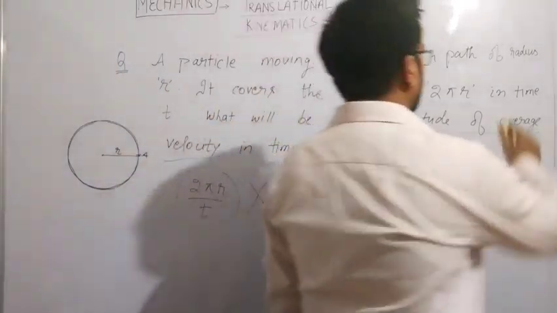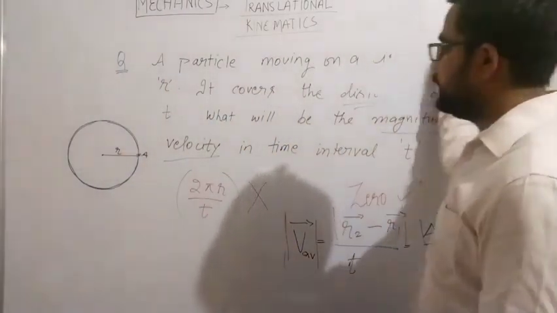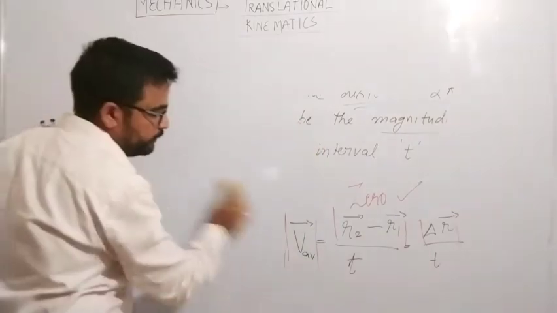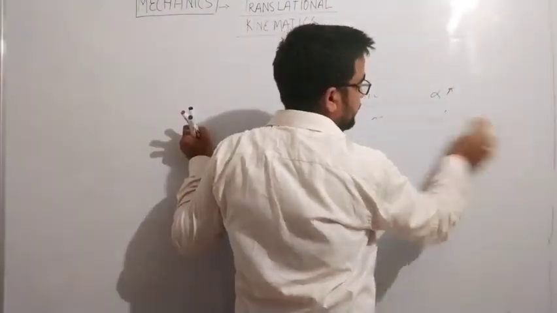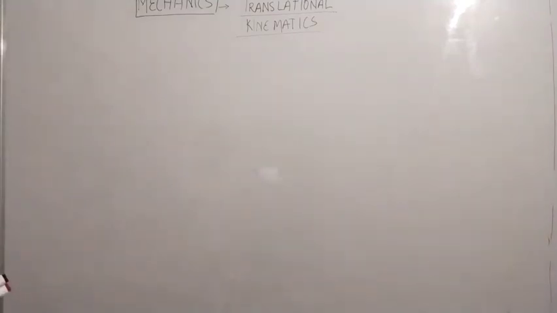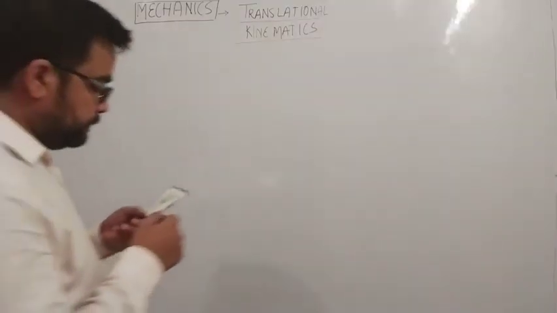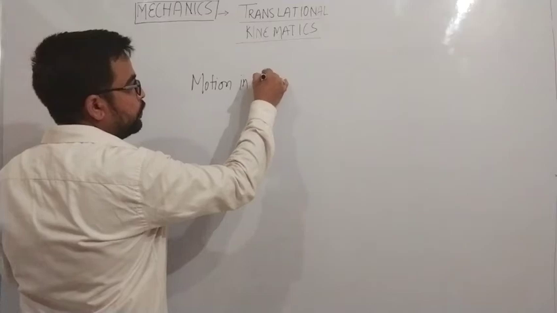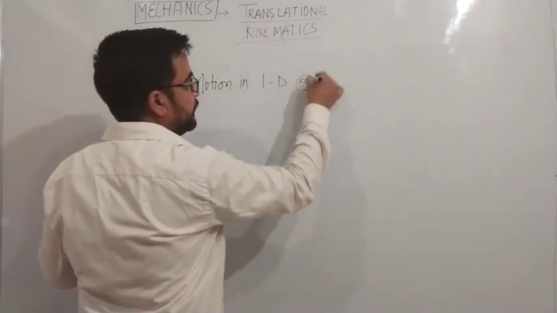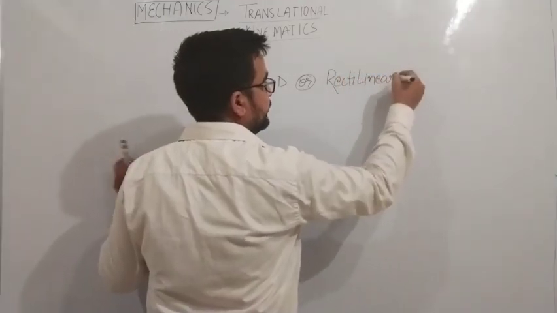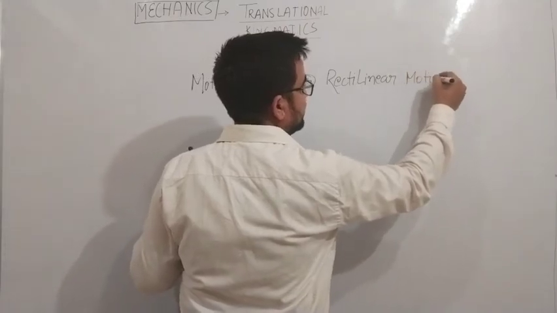Now we are going to see motion in one dimension. We are entering into rectilinear motion, which is nothing but motion in one dimension. What is rectilinear motion?